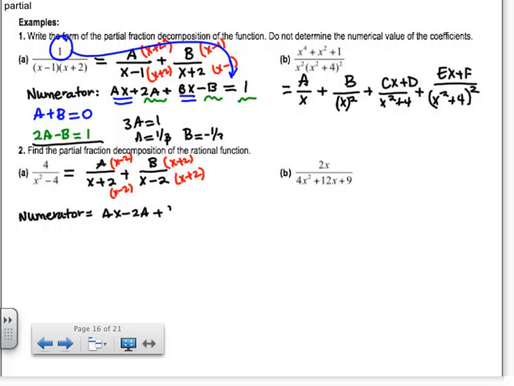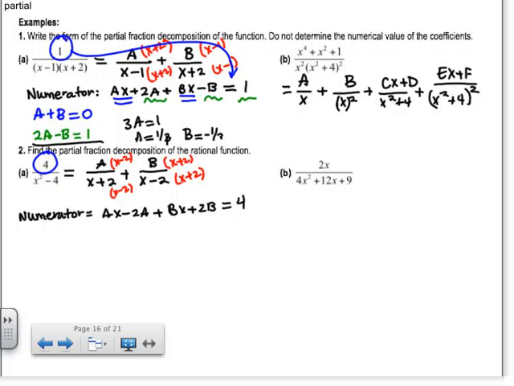And then I have B times x plus 2, so Bx plus 2B. And it's all over x squared minus 4. We don't worry about the x squared minus 4 part, so I'll just leave it off completely. Equals your original numerator, which Brian's telling me is 4. So that came from here.